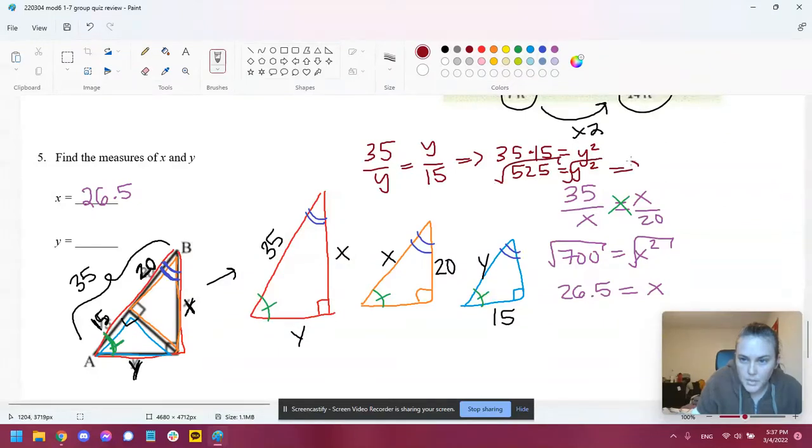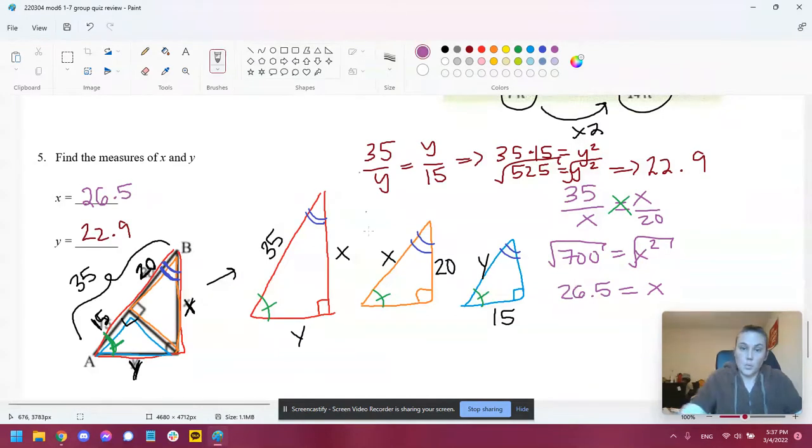If I square root both sides, I have to unlock my phone. Yep, let's go. The square root of 525 is 22.9.